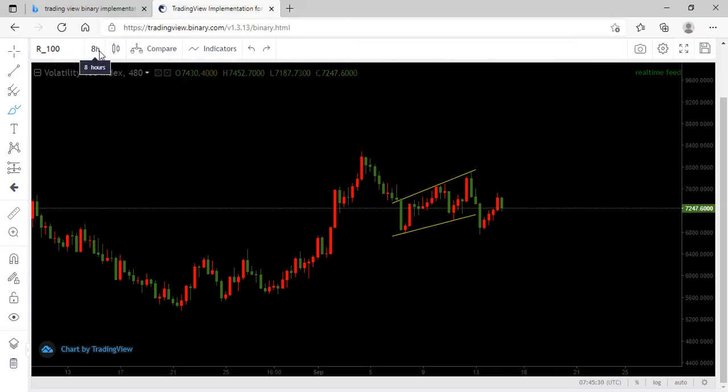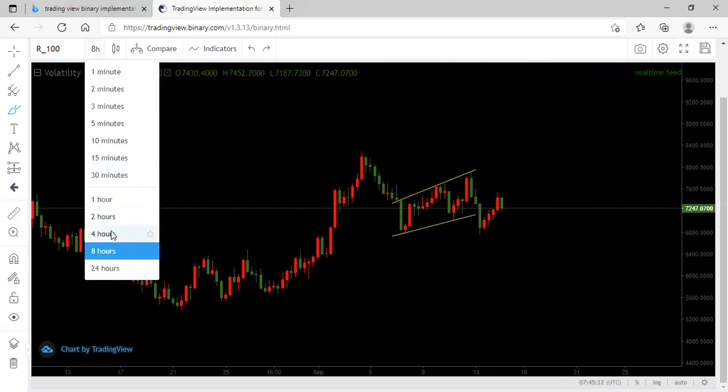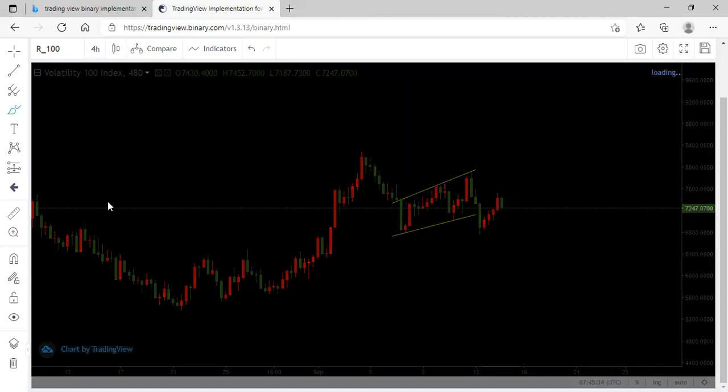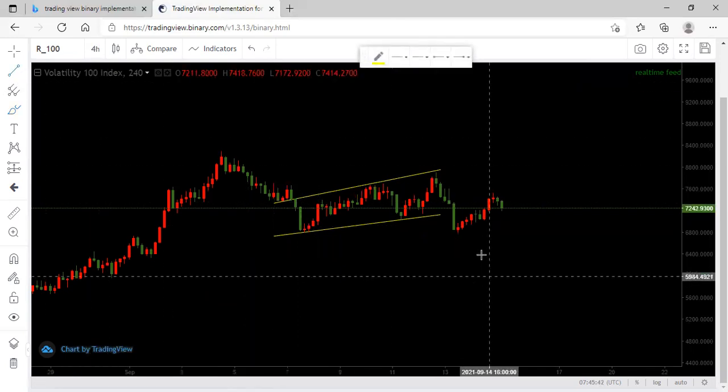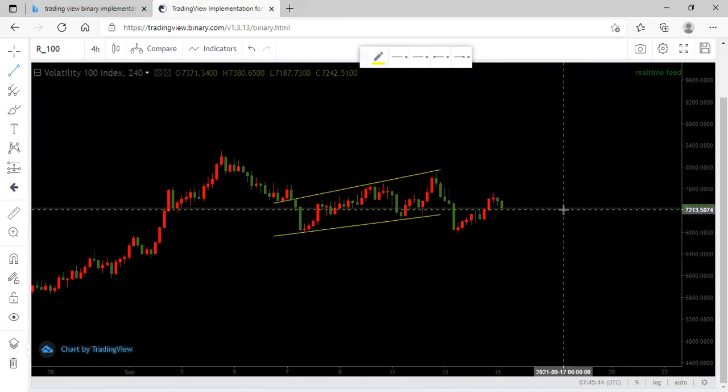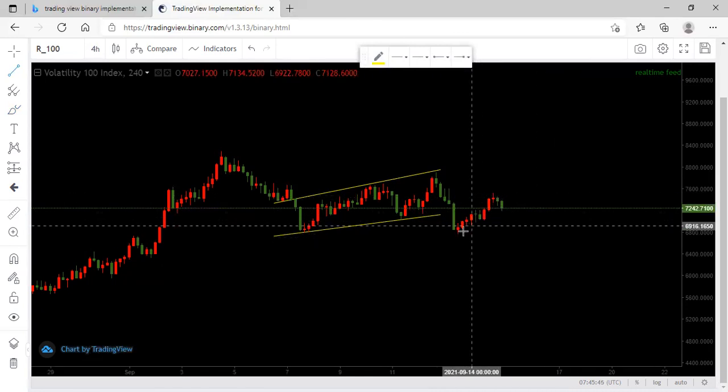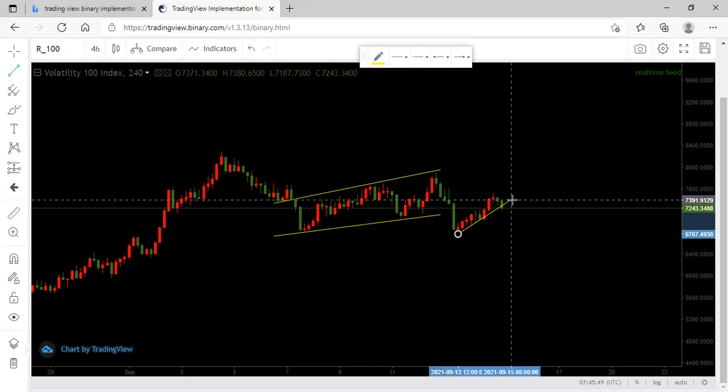So let us proceed with the H4 time frame. What are we going to do next on this time frame, guys? I'm going to take again my trend lines, as you can see here. Then I'm going to start to draw it from this point to this point.